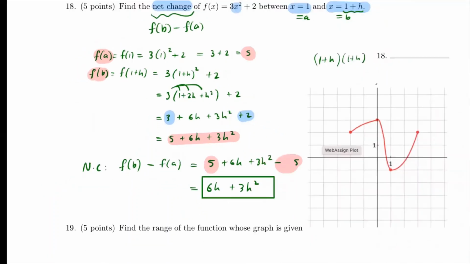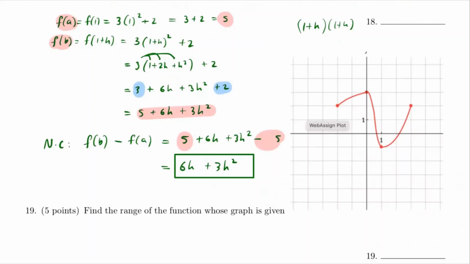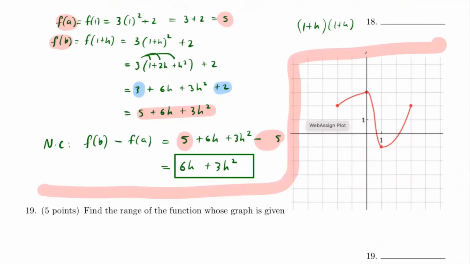Now for number 19, we're going to be using this graph. So you can avoid all of this work that was for number 18. We're going to look at this graph right here to analyze the range of that graph. The range will start from the lowest y value, that's right here, which is -1, including it.